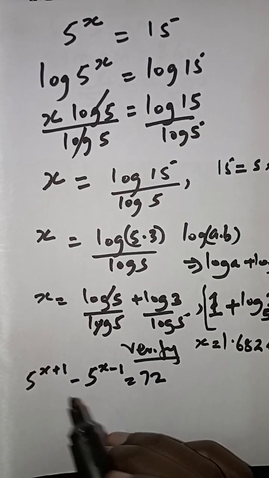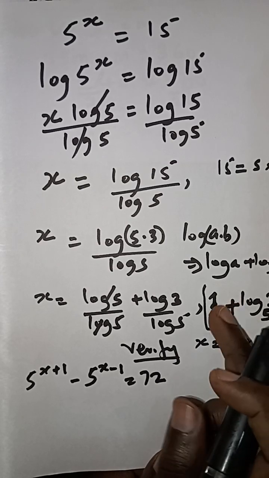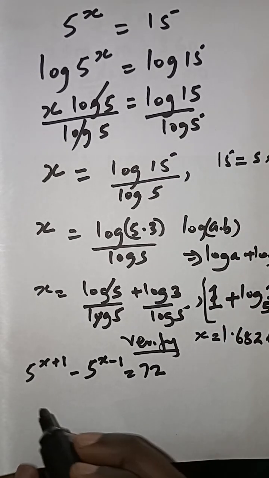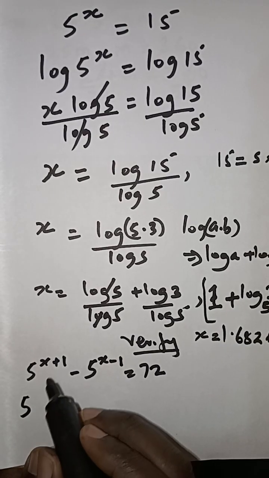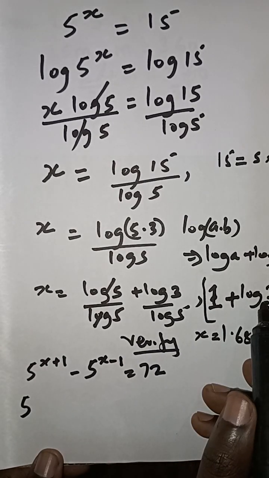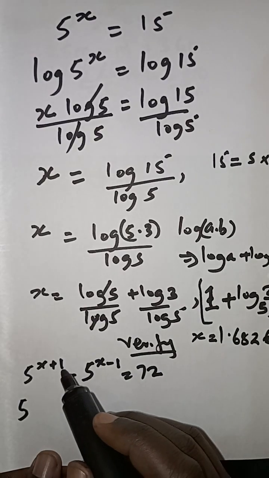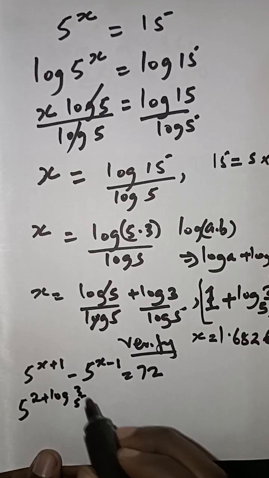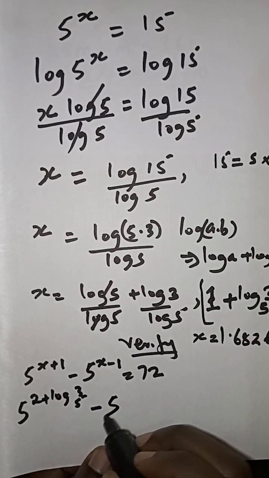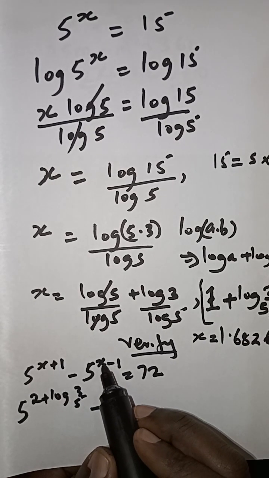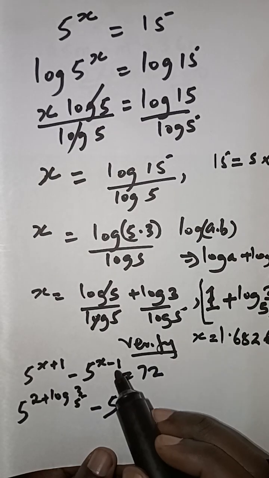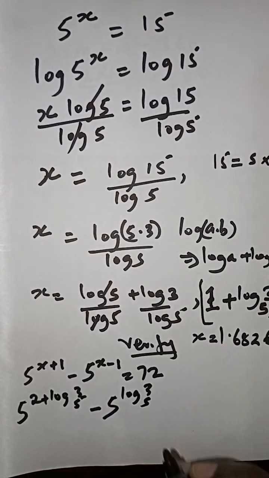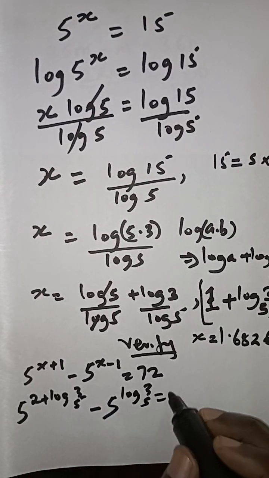So whenever I have x, I'm going to substitute 1 plus log 3 base 5, so that I have 5 raised to 2 plus log 3 base 5, minus 5 raised to log 3 base 5, should give me 72.